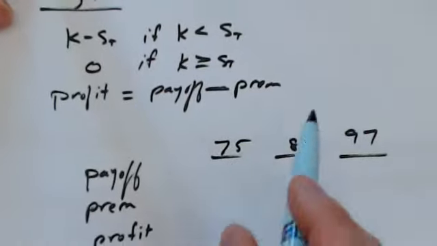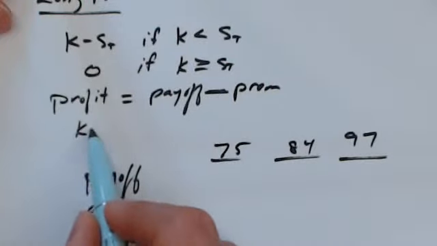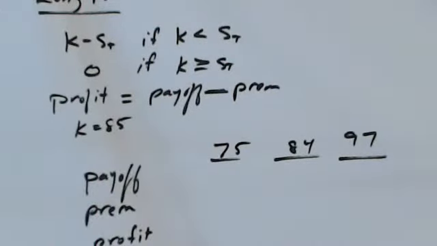So remember K is 85, and so let's reason this out. If the stock is at 75 in the open market at expiration, and we have an option to sell it at 85, we're quite happy that we own this put because we're selling something for 85 that's only worth 75.